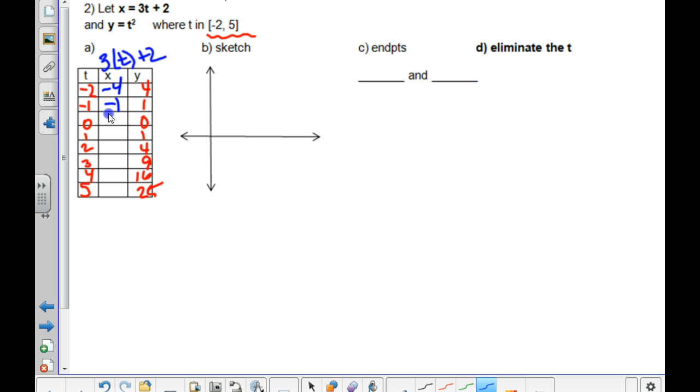Yep. Plus 2 sounds like 1. Then 3 times 0 plus 2 is 2. 3 times 1 plus 2 is 5. 6 plus 2 would be 8. 11, 14, and 17. We may have to use a big scale again. If we go by 4s maybe again, I don't know. I'm just picking something. It's probably still not going to fit.